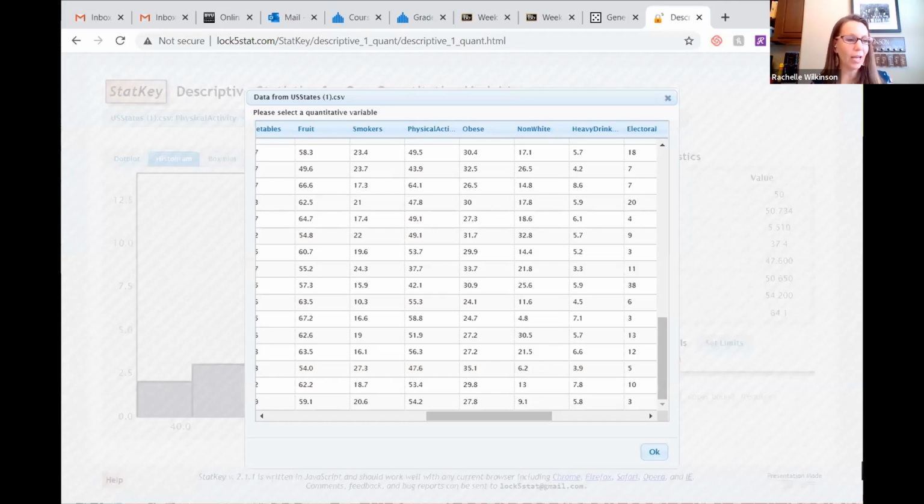So I'm going to show you how we're actually going to make StatKey be the one to take all of our samples. But I want you to understand where the numbers are coming from in all the samples that StatKey is doing. StatKey is basically doing this: it's coming up with a random sample of 4 states, finding their physical activity values, and then computing the mean from that sample. And it's going to do that thousands of times for us.